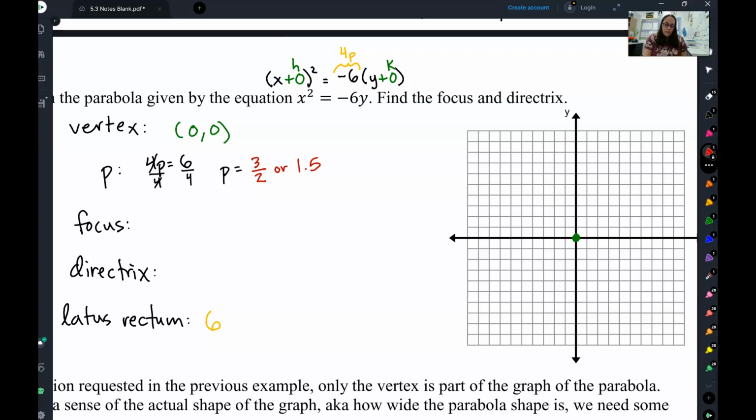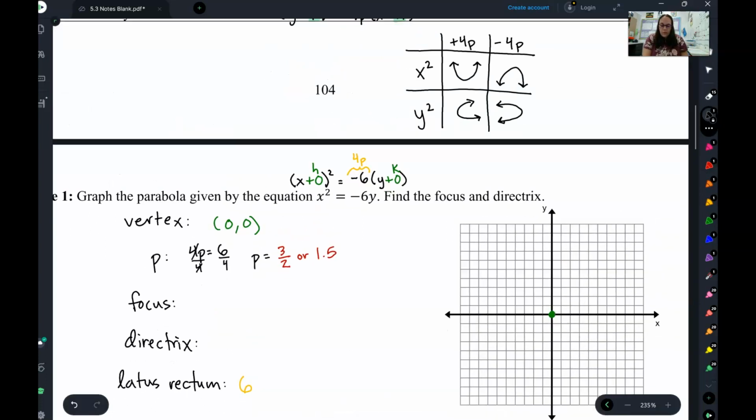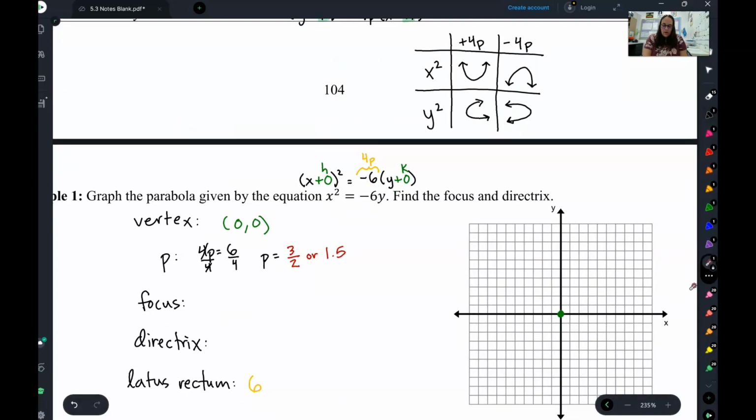If it's a side-to-side parabola, I need to go p to the left, p to the right. So to know that, let's think of our chart that we drew. So in this equation, I have x squared, so that's either going to be up or down, and my 4p is negative. So that means this parabola is going to go down.